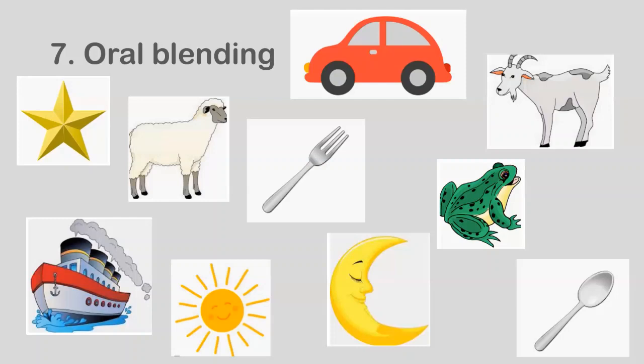In terms of complexity, car only had 2 sounds. All of the others I said had 3, and they all move between consonant and vowel, or vowel and consonant. If children are secure with that, you might want to consider using words with 4 sounds which have adjacent consonants, like frog. Adjacent consonants can be quite hard to hear, so if children have not mastered vowel to consonant, consonant to vowel blending, you should not look to do consonant to consonant blending.